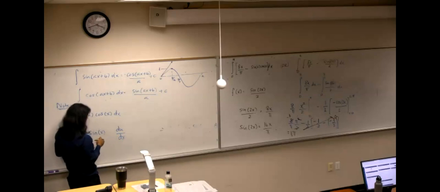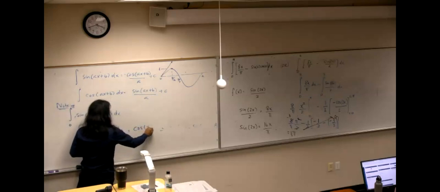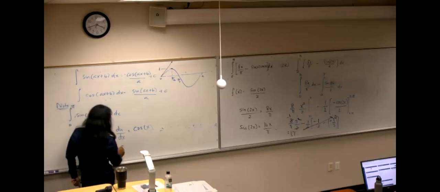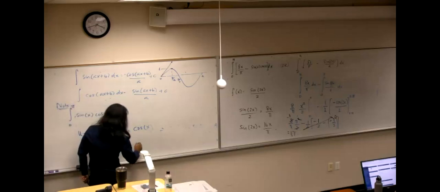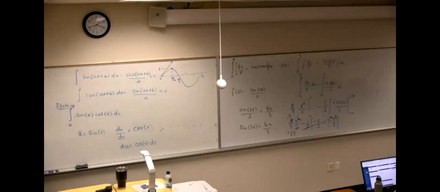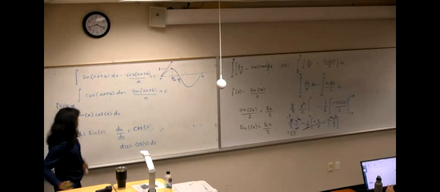Negative cosine, positive cosine. They're taking the derivative, not integrating. So du is cosine x dx. Yes? Okay. U, du, agree.